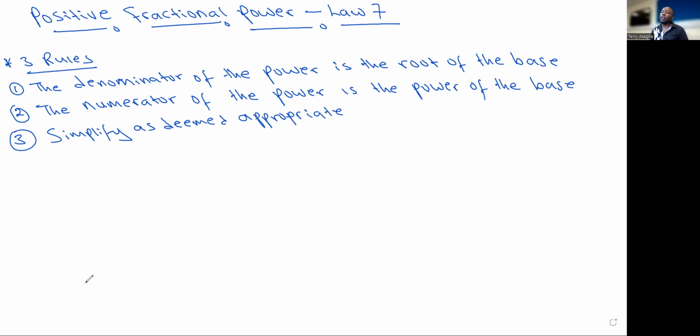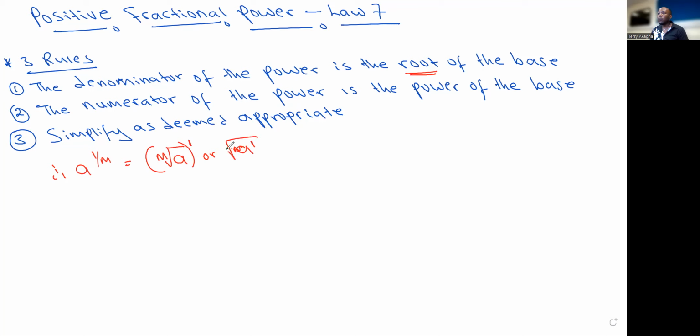So what I'm trying to say, for example, if you have a raised to power 1 over m, are you seeing? In this case, in the power, m is the root. So it's going to be the mth root of a, while 1 is the power, so the mth root of a raised to power 1.